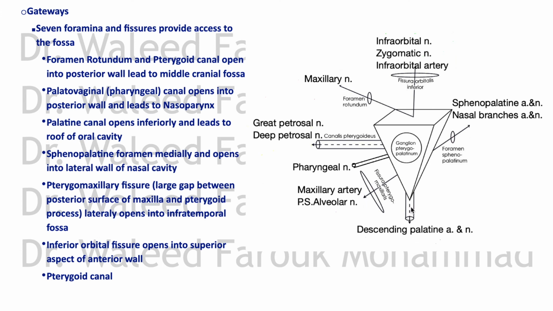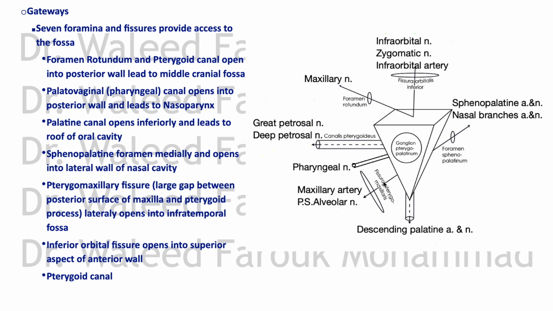The palatine canal contains the greater and lesser palatine nerves and vessels. The old name for these vessels, because before they split into greater and lesser palatine, was the descending palatine artery and nerve. This is in older books. So this is to the oral cavity.